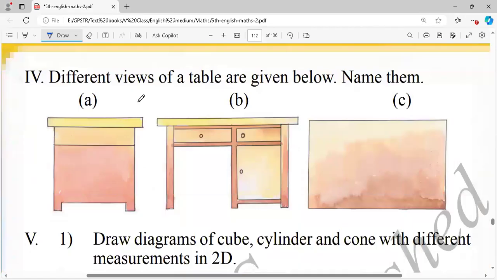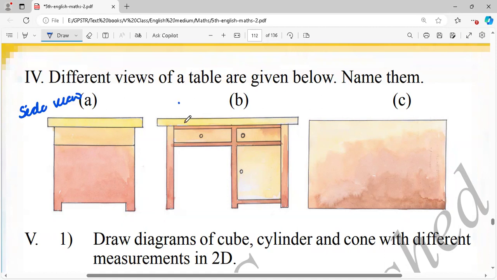Fourth one, different views of a table are given below. Name them. This is the side view. Side view. Side view.